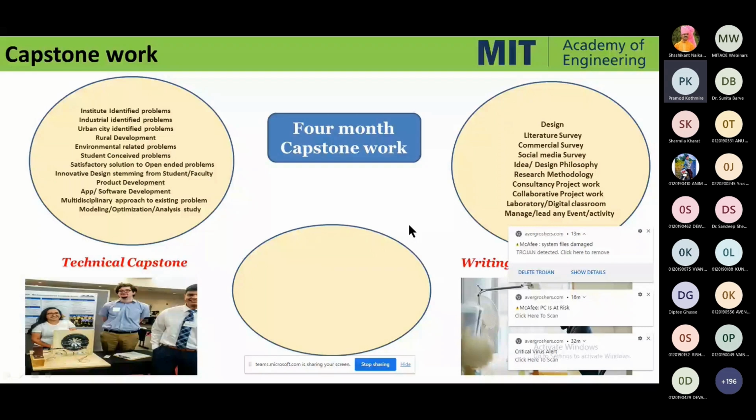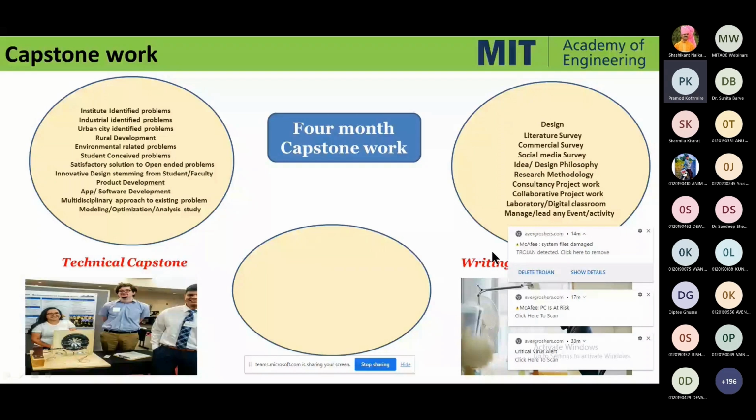So the point here is, many times we try to highlight the things which we have not learned in our undergraduate. But here there is a scope in technical capstone as well as writing intensive capstone. Here each one of you will take a call that whatever courses, maybe technical courses, core courses, skill courses, we will try to use all of them to identify the problem as well as to suggest the methodology and the solution for the identified problem.